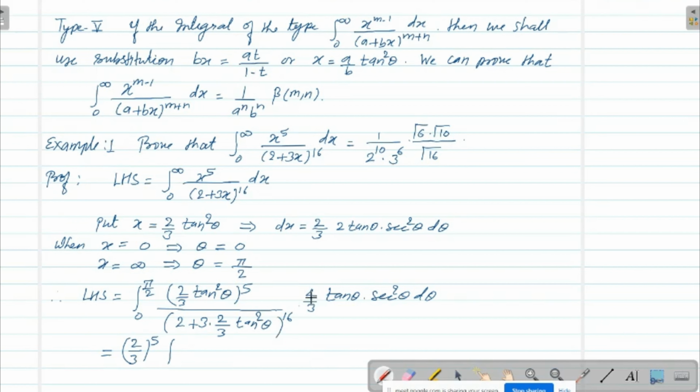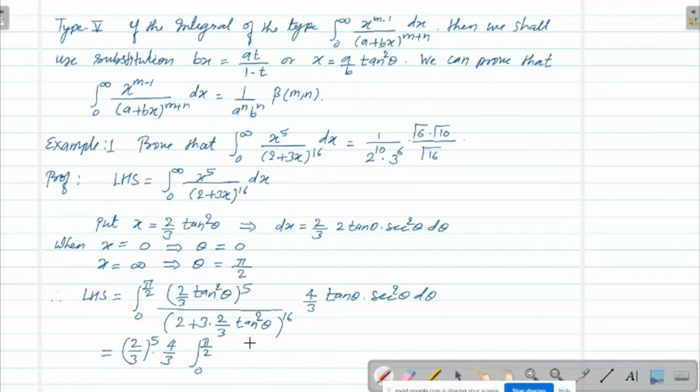This constant is also there, take it outside as well, into 4 by 3. Then integration of limit 0 to pi by 2.